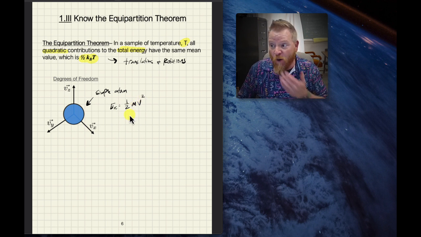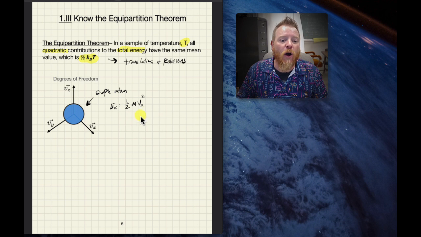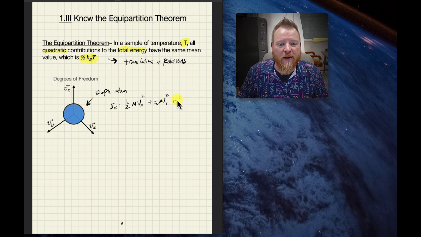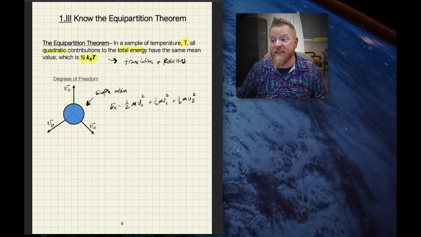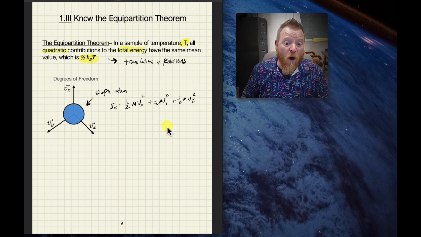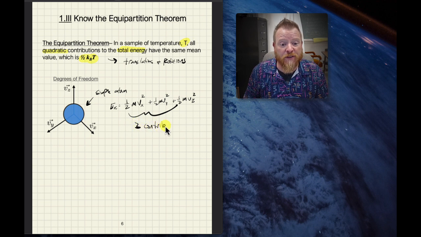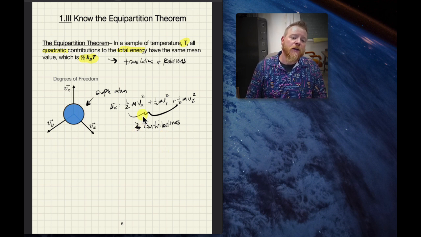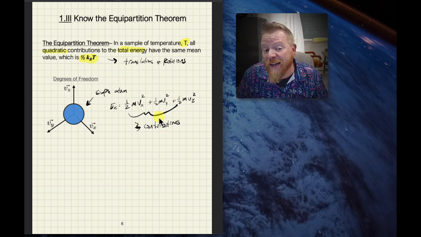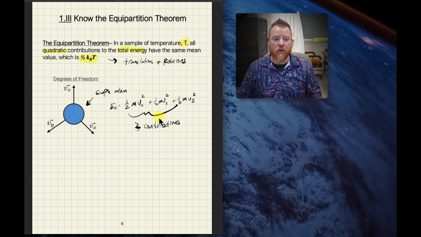And if we consider all 3 dimensions here, we know we're going to have components in the x, in the y, and in the z. And so all 3 of these, this actually gives us 3 contributions to the mean energy. Okay. So 1 in each dimension, giving us 3 in total.